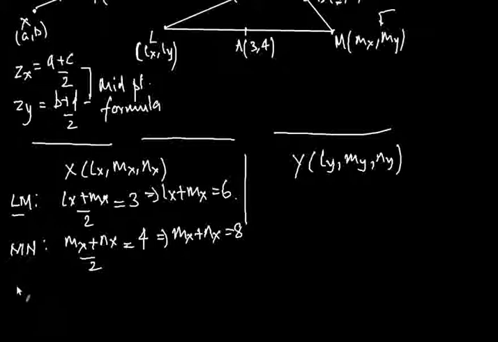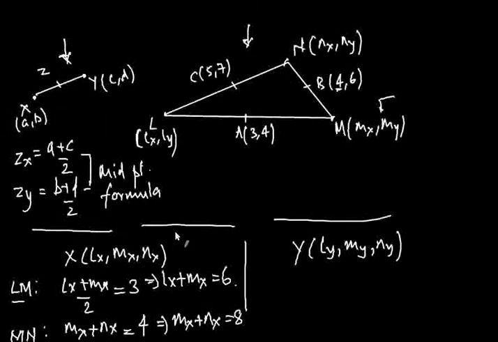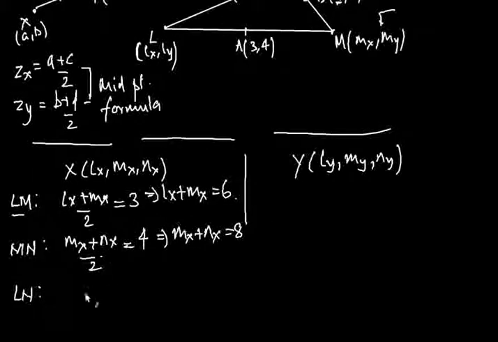And similarly, for line LN, I'm just going to write this straight up because you get the picture. This multiplying by 2 business, I'm going to have to do every time. So Lx plus Nx is going to be equal to twice 5, which is equal to 10, right? So we got these three equations which feature the x coordinates.